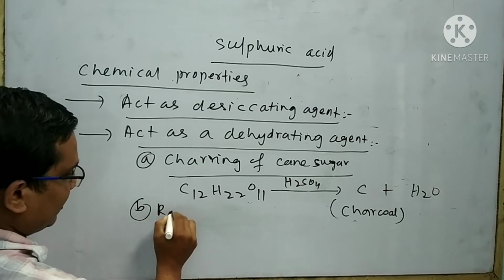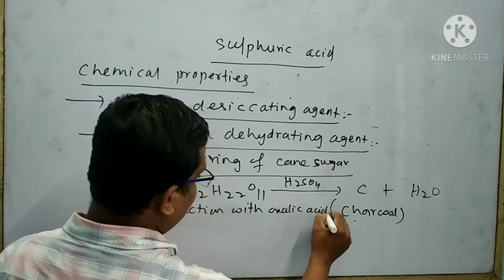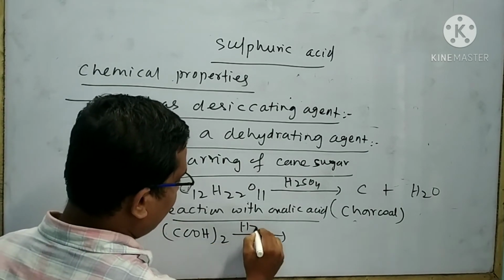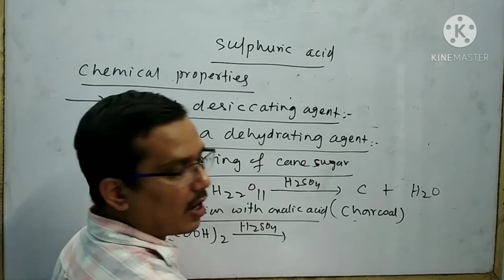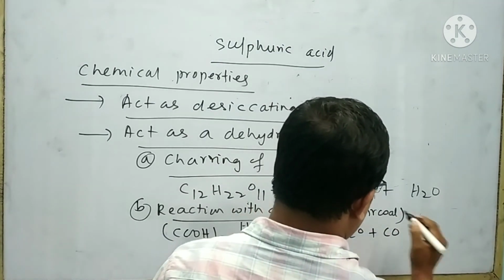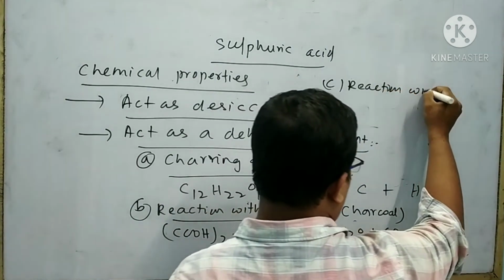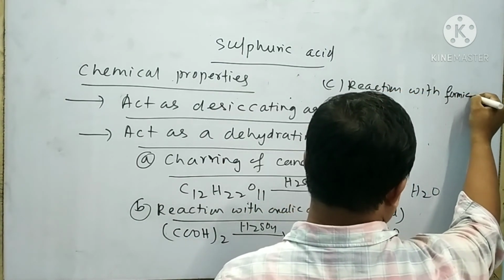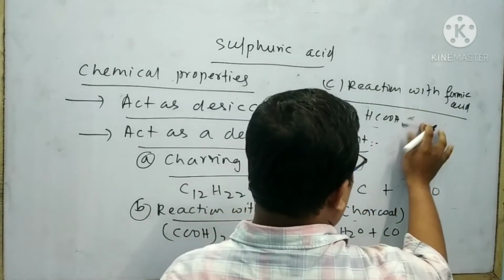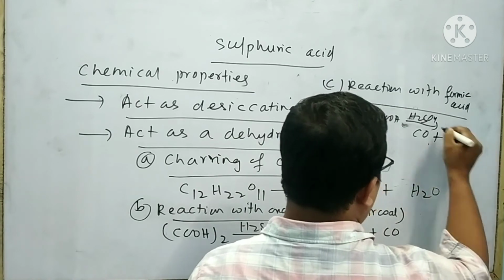Next reaction is the reaction with oxalic acid. When oxalic acid is subjected to reaction with H2SO4, then carbon dioxide, water and carbon monoxide are formed. Next reaction is the reaction with formic acid. When formic acid is subjected to reaction with sulfuric acid, then carbon monoxide and water are formed.